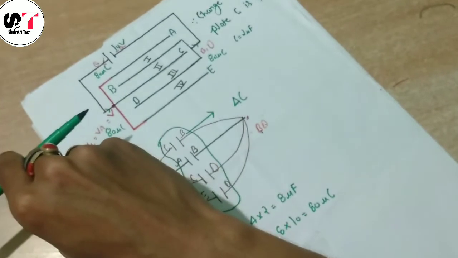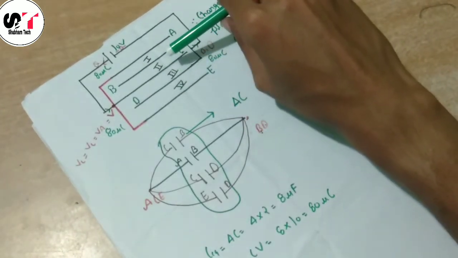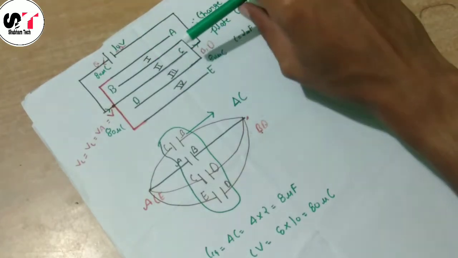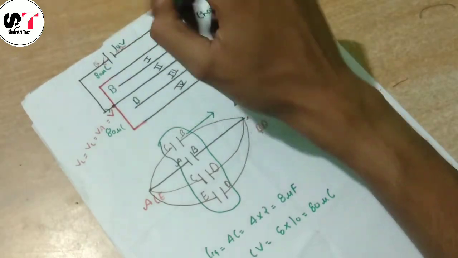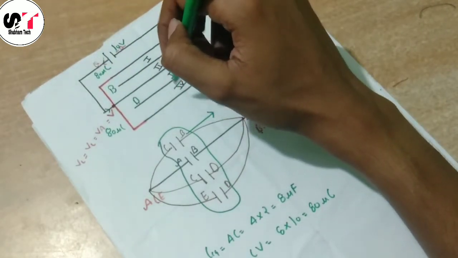If suppose 80 microcoulomb entering from this side and leaving from 75, or an increment, means 85 leaving from this side, then KVL is not applied in this circuit, means this is violating the KVL.